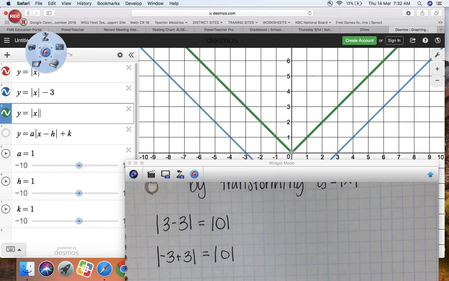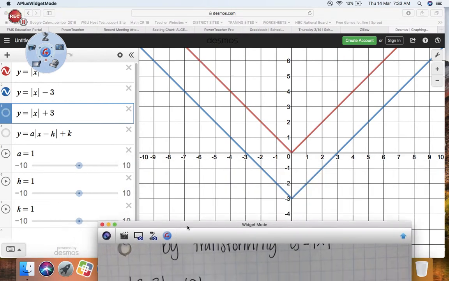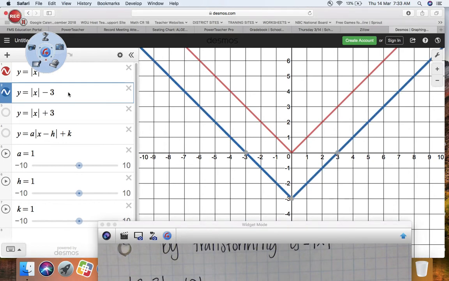All right, now I'm going to change this -3 to being outside of the absolute value. And then I'm going to move this out of the way. So notice again, the parent function is the red one. If I am looking at this blue equation, the absolute value of x, minus 3, notice the vertex is now 3 units down. So the x value is 0, but the y value is -3.